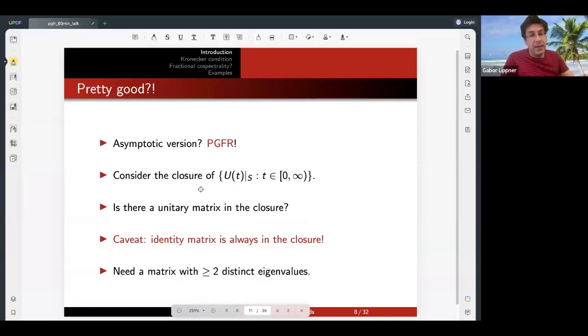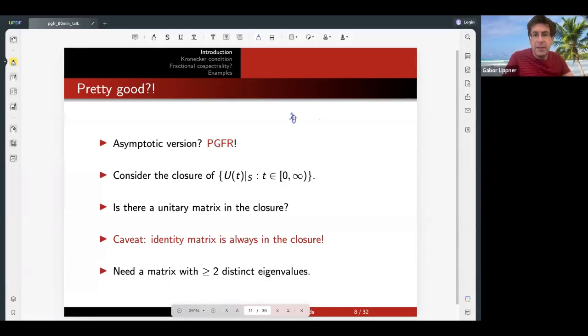So now comes the caveat. The problem with this definition is that it's always going to be true. No matter what your graph is, there's always going to be a unitary matrix in the closure of this set, namely the identity matrix, because we know that every graph is asymptotically periodic. So it's not just that there will be a block with the identity, but the whole matrix will be approximately the identity.